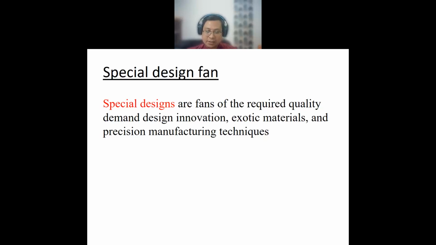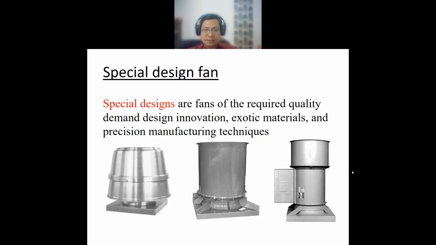But the best thing is when we choose for all parameters that improve the performance. That will be considered, and it should satisfy all criteria. Okay, you can see this is a type of fan.